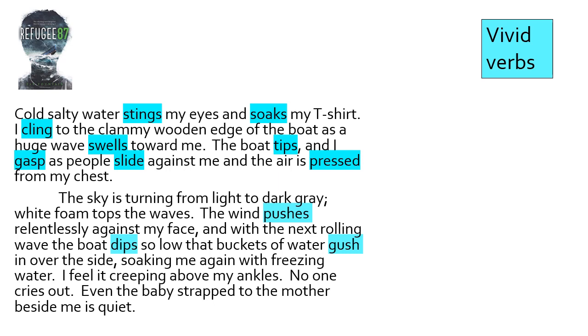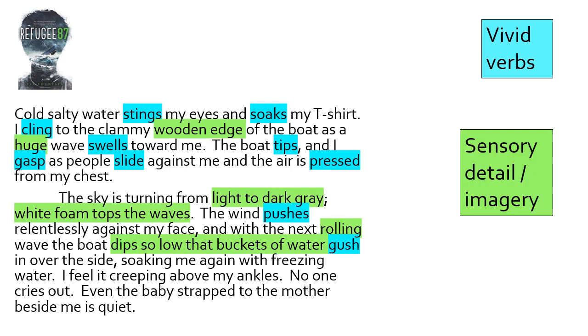Okay, I've highlighted all the verbs: stings and swells and slide and gasp and pushes and gush. They're very descriptive verbs. But in addition, she uses lots of sensory detail. Words that show the sight details, like wooden edge and huge, and light colors like light to dark gray and white foam, and rolling and dipping.